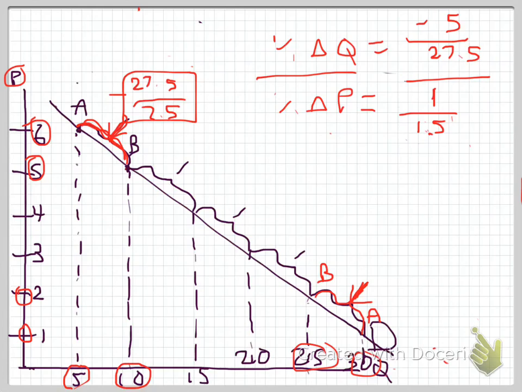So we're going to take minus 5 over 27.5 times the reciprocal of the percentage change in price, 1.5 over 1. Now, I told you, don't use your calculator to find the decimal value of each one and then divide them.